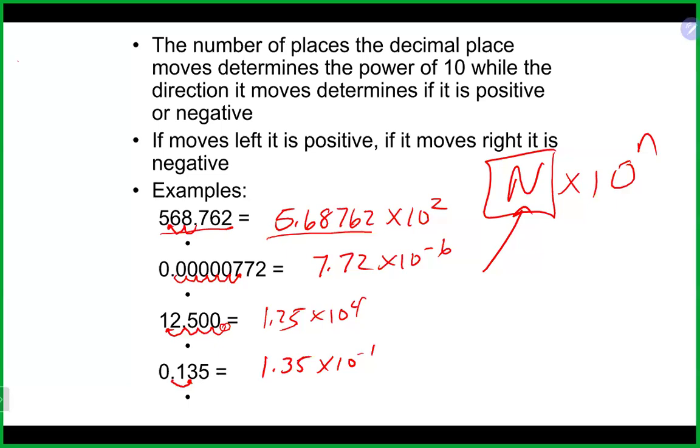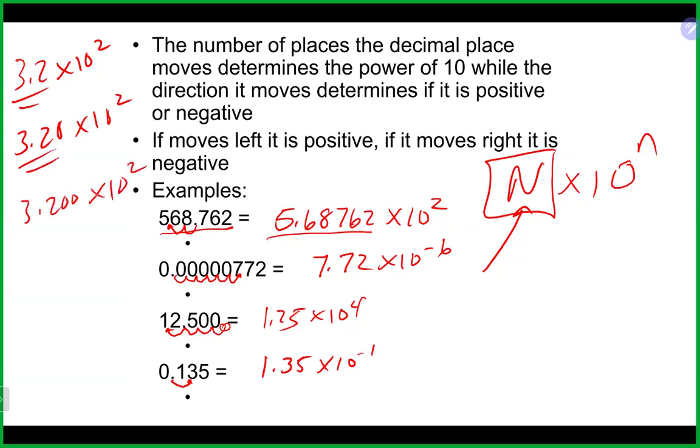So again, if I had 3.2 times 10 to the 2, that would be 2 significant figures. If I had 3.20 times 10 to the 2, that would be 3. 3.200 times 10 to the 2, that would be 4.